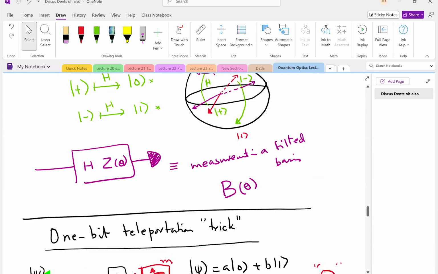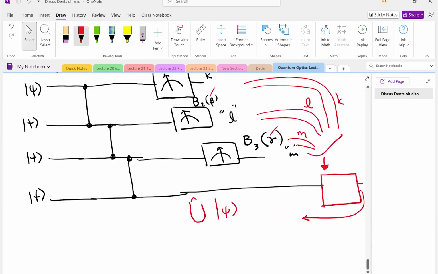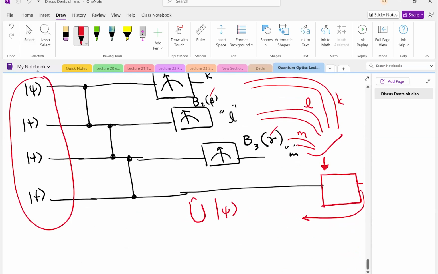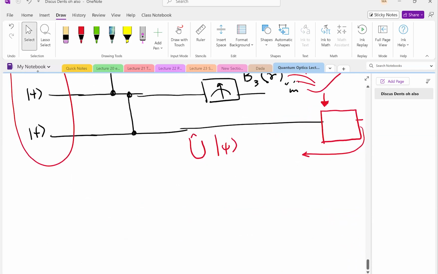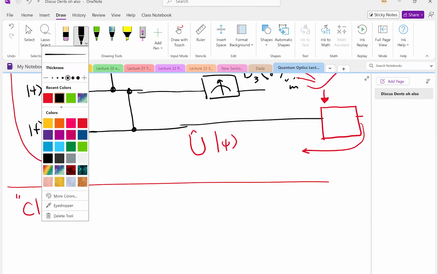So the idea is to create a sequence of input states which are mutually entangled and then do measurements. So the sequence of input states is generally called a cluster. For example, I can draw a few example clusters.